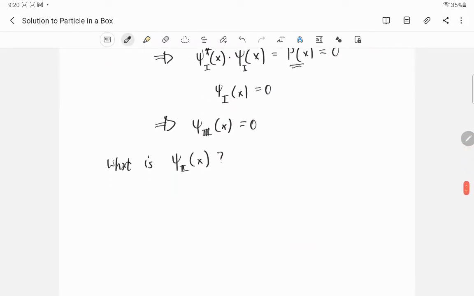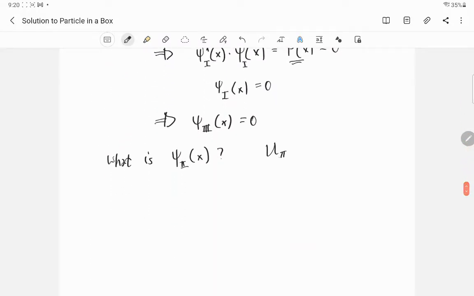The simple thing about the infinite square well, though, is that the potential energy in region 2 is just 0 for all x. So it's a constant thing. And so in region 2 we get the problem: minus h bar squared over 2m d squared psi by dx squared plus u times psi, but u is 0, is equal to e times psi in region 2.